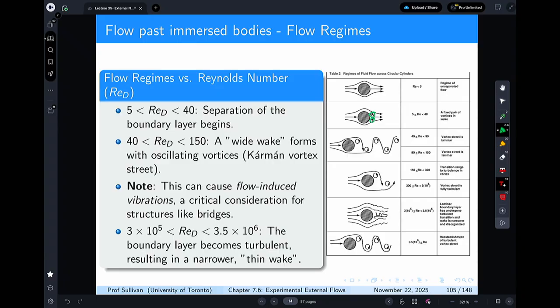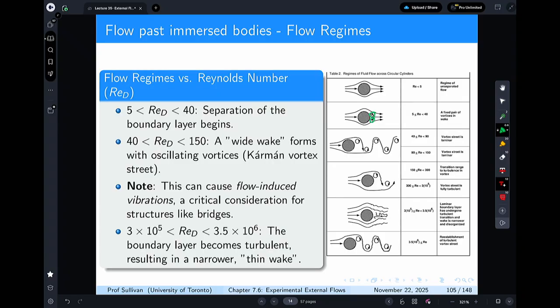But you start to see a uniform sort of shedding that occurs. Again, these rotating sections of fluid are uniform in shape, and they persist. Then you go to a transition zone, and these vortices still appear.